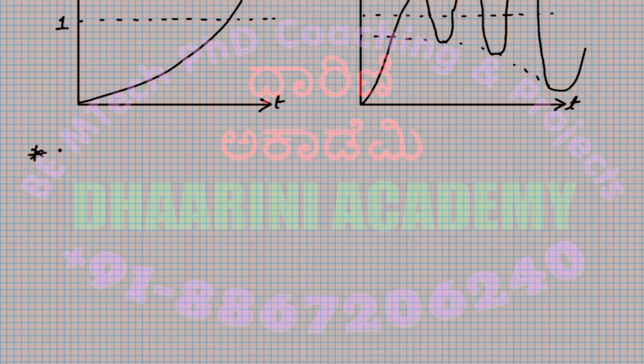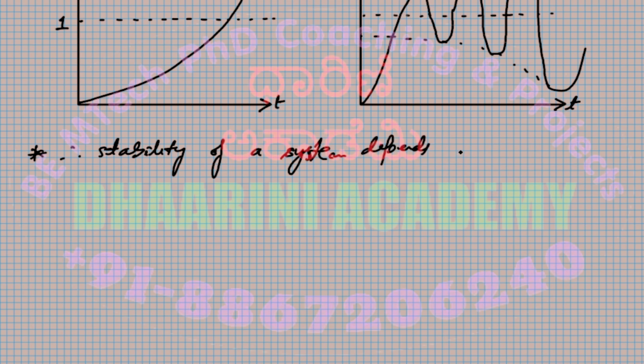So the ultimate thing to learn from the two examples we have discussed so far, this is the important point: the stability of a system depends upon, we said poles, but the technical term is the closed loop poles.